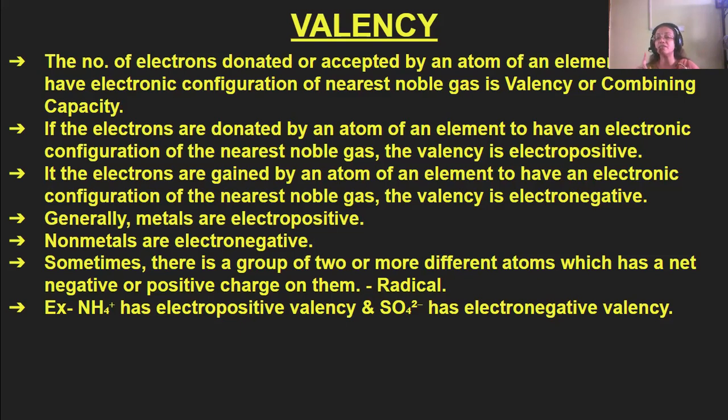So its valency is 1, as it has only one extra positive charge. That is, it has donated one electron and therefore gained one positive charge. The electropositive valency is plus 1.